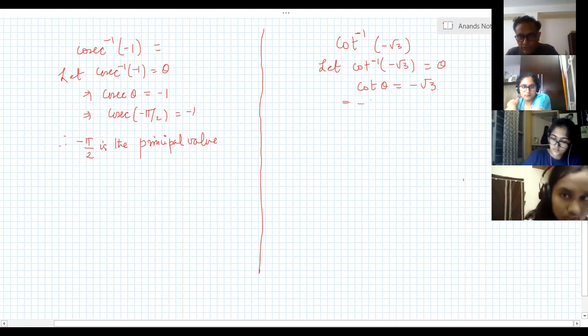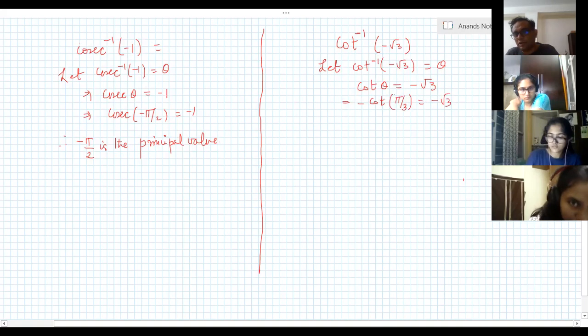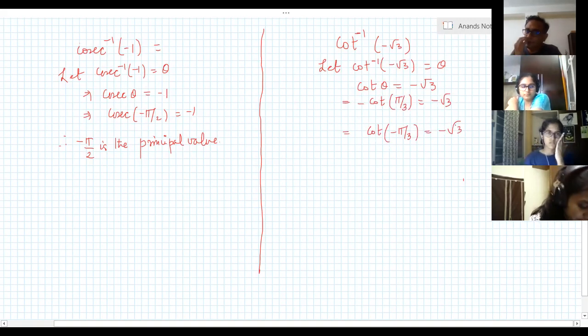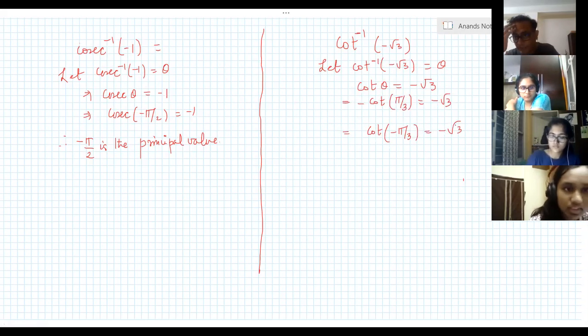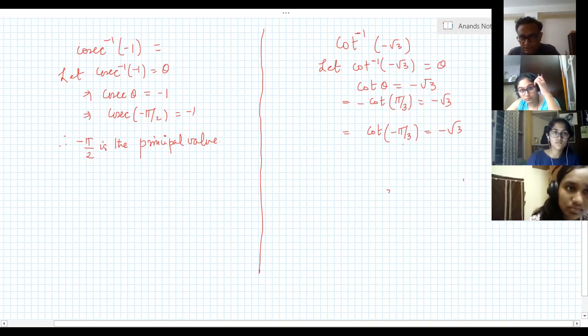So minus cot, can I get cot inside? Can I do that? Yes, sir. Because cos of minus pi by 3 is going to give you an issue, but we have sine of minus pi by 3. Doesn't matter, isn't it? Because that will help us. That means this is the principal value.